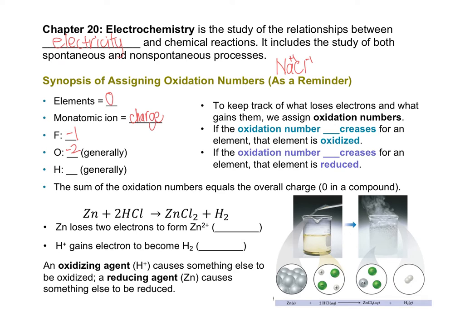If we don't have fluorine, we don't have oxygen in our compound, but we see hydrogen, then that's the first thing we see, then we'll give it a +1 charge. And then we'll base the other oxidation numbers off of this. So it's kind of a little bit of algebra here. And I'll give you a little bit more summary later.